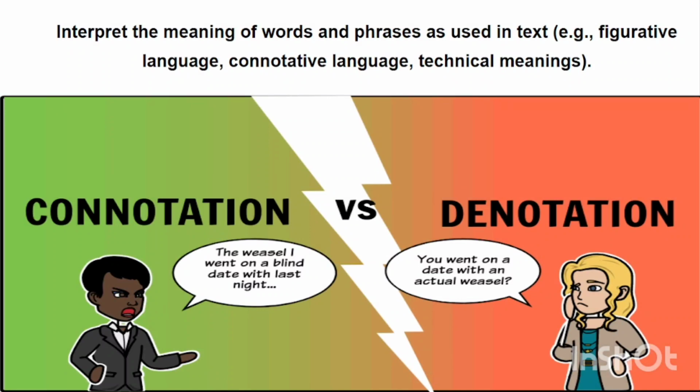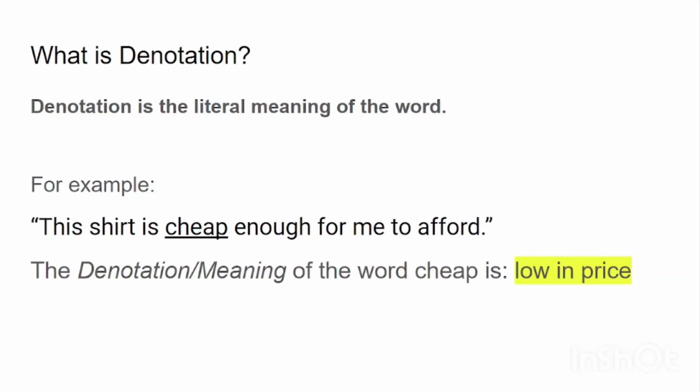He compared the girl he went on a blind date with to a weasel. So that's how he felt about her. But denotation, on the other hand, she doesn't get it. She doesn't get that that's how he is portraying the date to be, right? She's thinking the actual meaning. That's what denotation is. Denotation is the actual meaning of a word.